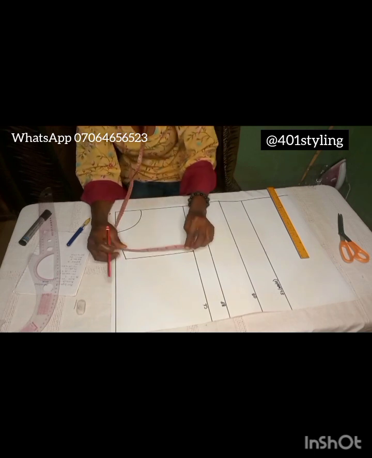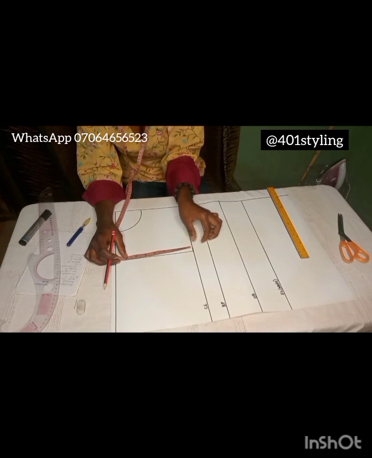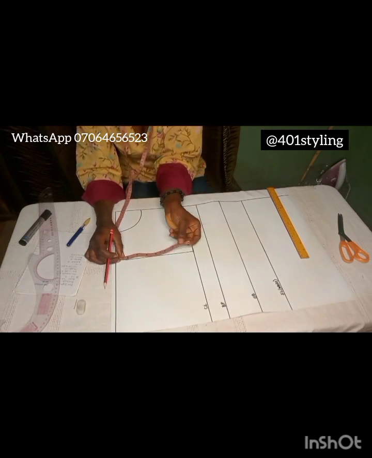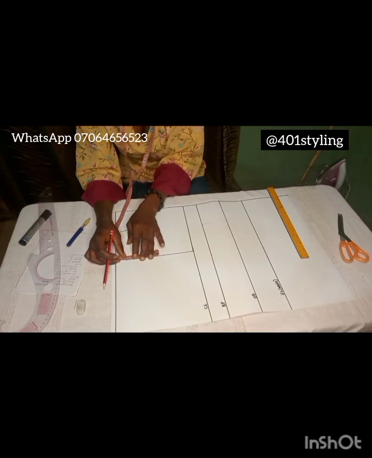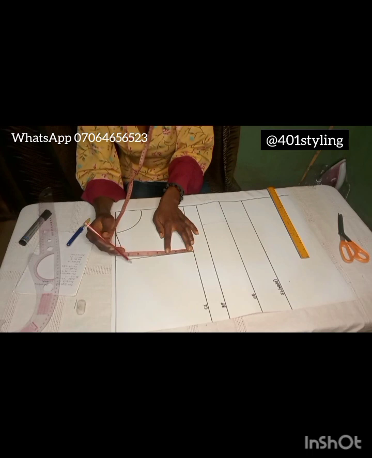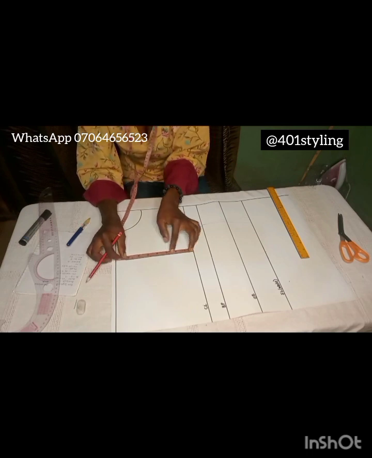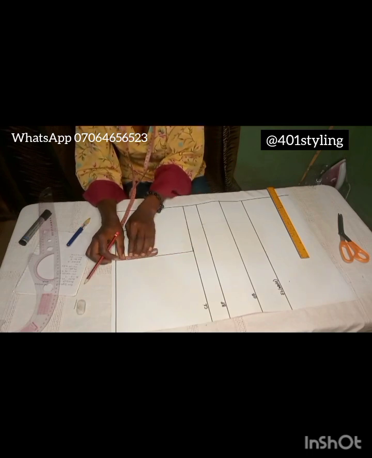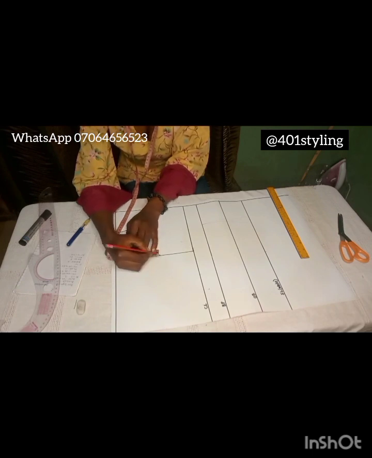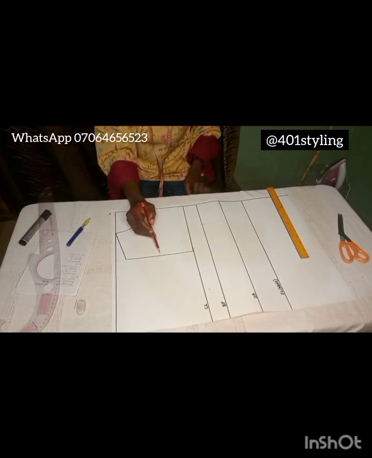But if you cannot make use of the centimeter and you don't have the time, just fold your tape into 2 like so. Make sure you place it from this first line to the other end, then you fold it into 2 equal halves, then you get the midpoint. So from this midpoint now, you come in by 0.5.